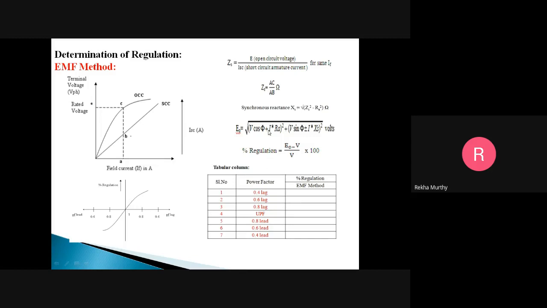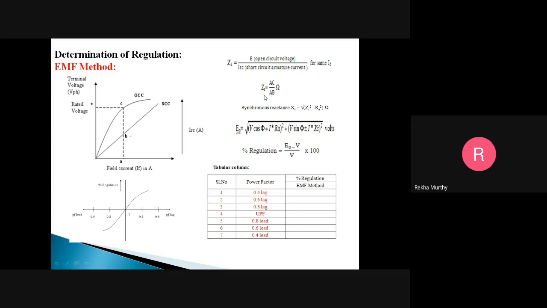And here, how to get this RA value? You will get it from the previous slide which we have solved, the average value of RA. Then how to get the XS value: there is one formula, ZS is equal to E, that is the open circuit voltage, divided by the short circuit armature current.